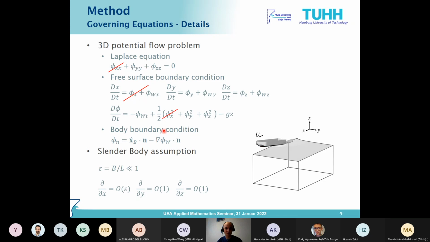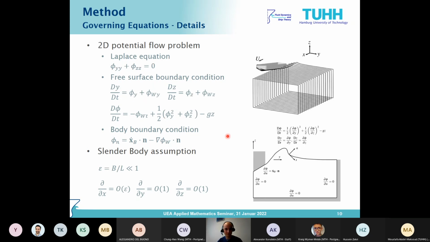So this assumption is more valid when the ship is going fast and the transverse wave system vanishes. Okay, so this assumption then yields a 2D potential flow problem with the two-dimensional plus t equations.